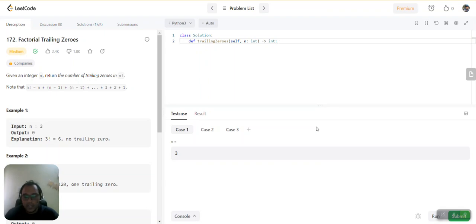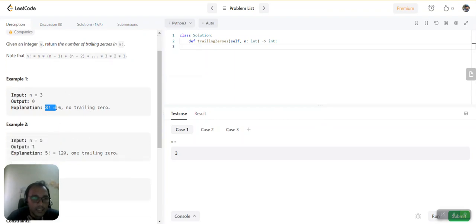So let's start. For example, 3 factorial is 6 and it doesn't contain any zero. I'll write 3 factorial as 3 into 2, 2 into 1, which is 6, so there are no zeros.